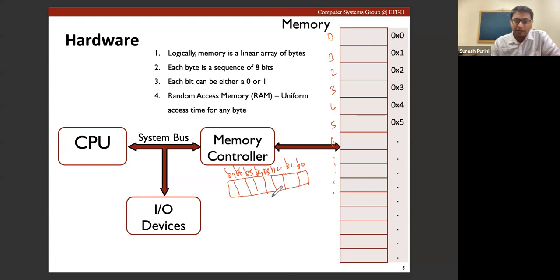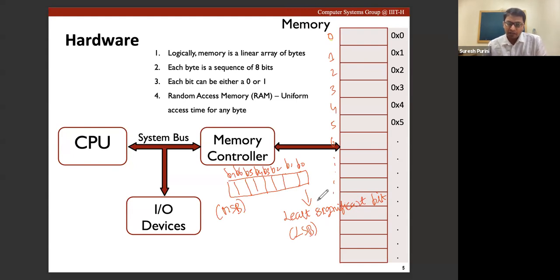It is a collection of 8 bits. Bit 0 is called the least significant bit, also called LSB. And bit 7 is called the MSB, most significant bit. So the bit on your right side is the least significant bit, and the bit on your left side is the most significant bit.